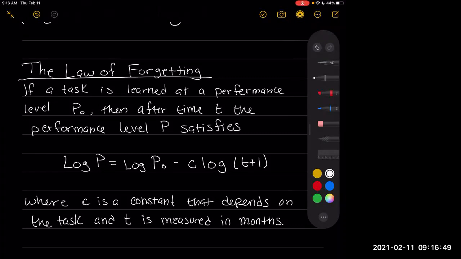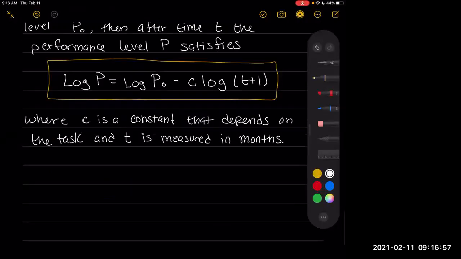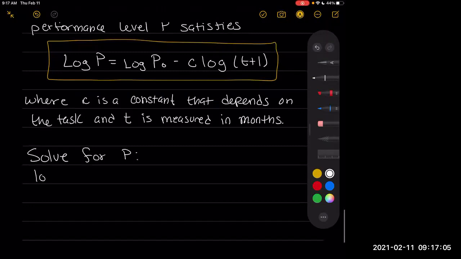Okay, so we're going to solve for P. So if we take log P equals log P naught minus C log of t plus 1.